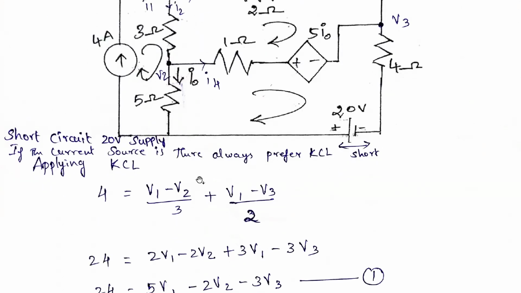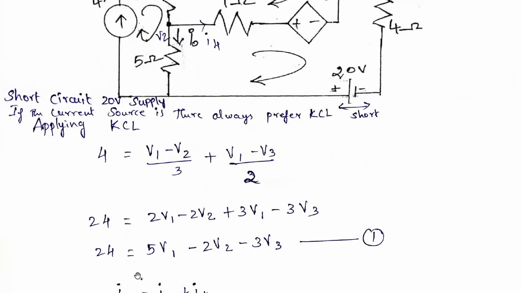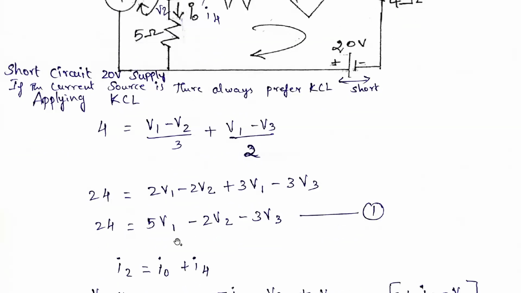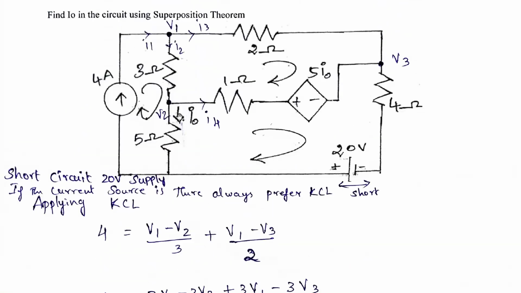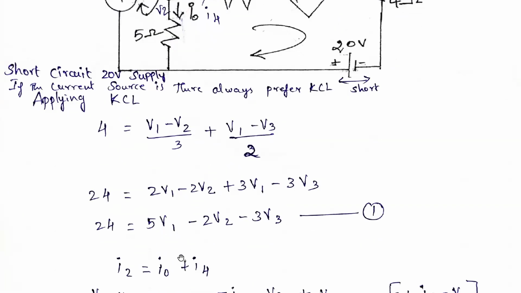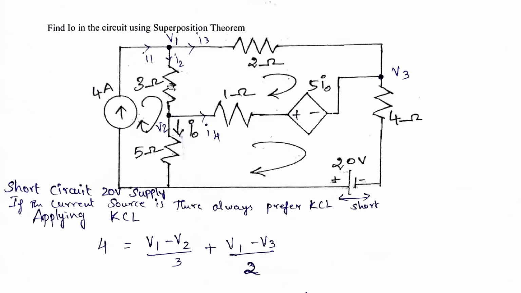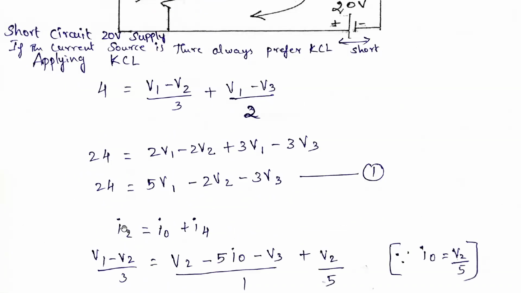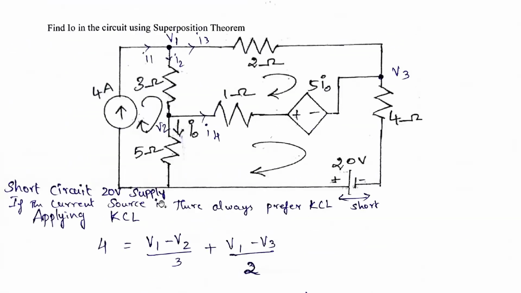So I2 is equal to I naught plus I4, or otherwise I2 minus I naught minus I4 is equal to 0; either way you can take it. What is I2 here? I2 is nothing but V1 minus V2 divided by 3.